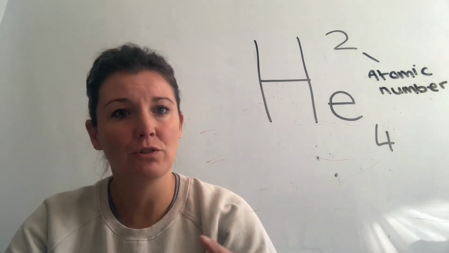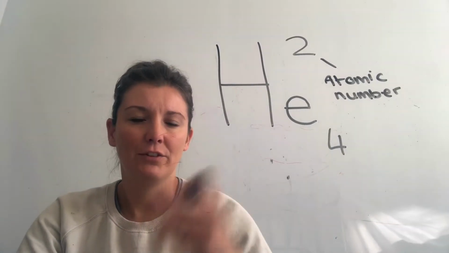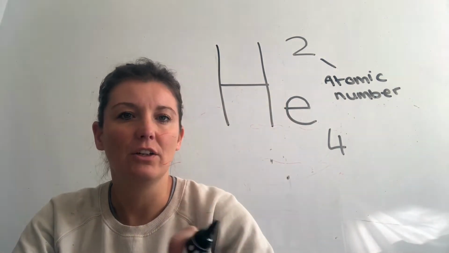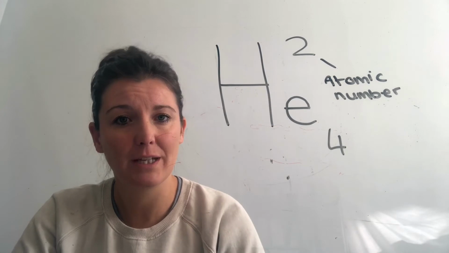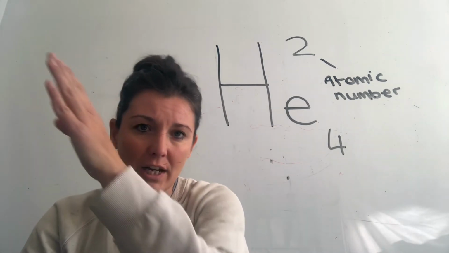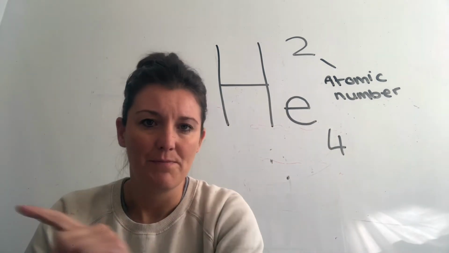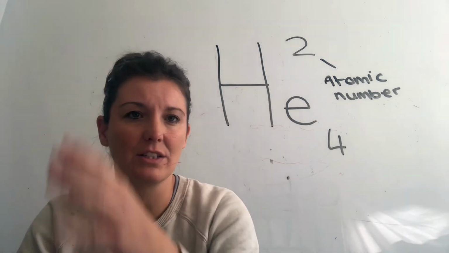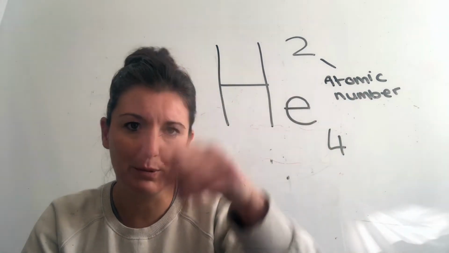Okay, first of all, it tells us what number on the periodic table it is. So if you look for number 20, you're going to try and find the element with 20, and you'll see the periodic table is quite easy to read because the numbers go from left to right. Number 20 is calcium and will be on your left hand side. Helium is the second one on the periodic table.